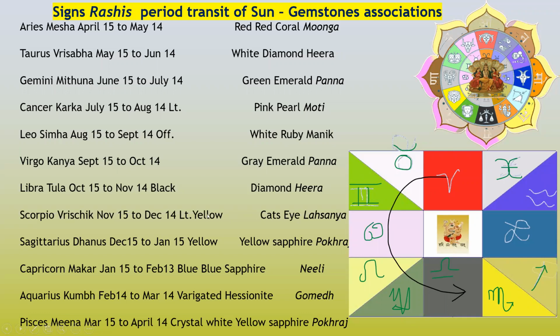Scorpio is a bright yellow. As you can see here, it's like a shiny bright yellow. That's the color of Vrishchika, and the stone associated is the same as for Ketu, the south node of the moon, which is cat's eye, Lehsunia. There's also another name for it.